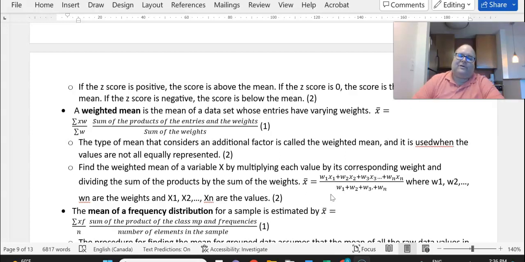And that will give you your weighted score. This is used by teachers to figure out your average.